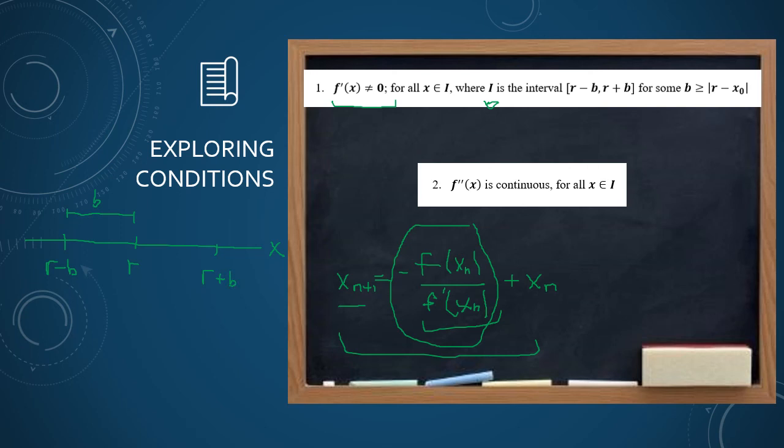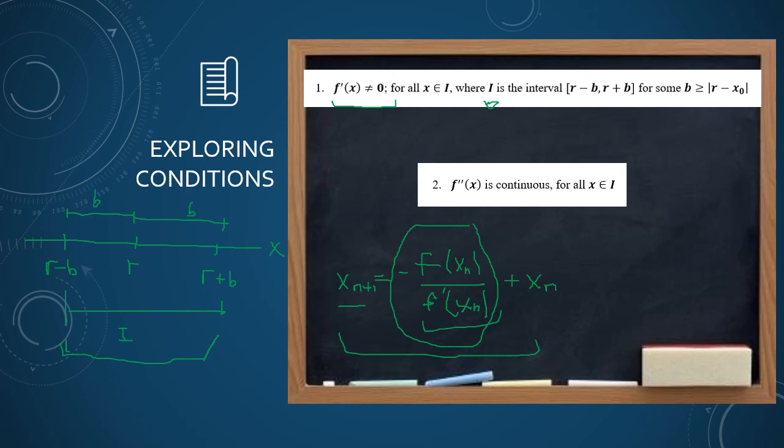Okay, and got b. So this is essentially your interval here, from here to here. Your interval, and your guess has to be less than b. When you subtract your root from your guess, it has to be within this interval, meaning x0 has to be somewhere in this interval.